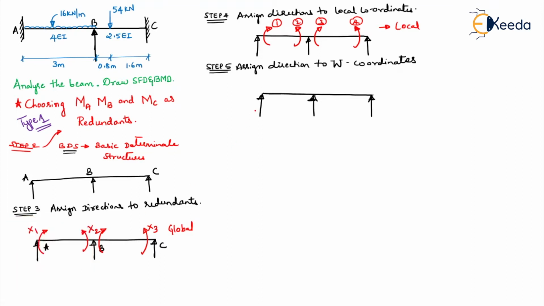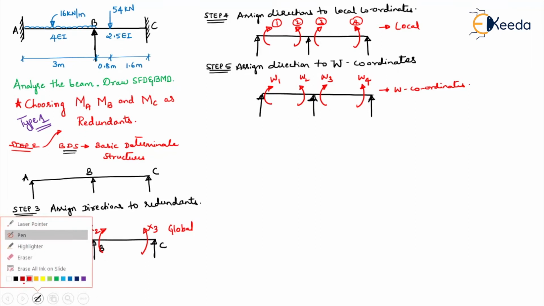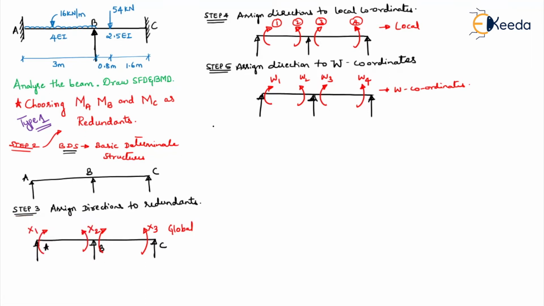That's very important. Whatever direction is given to the local coordinates, assume the same direction for your W coordinates. This is W1, W2, W3 and W4. So these are your W coordinates.